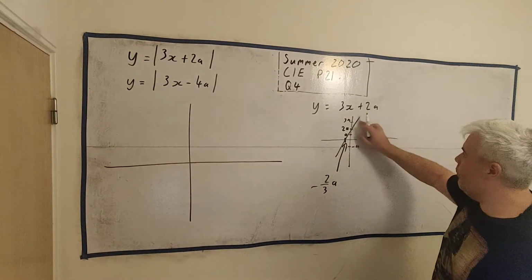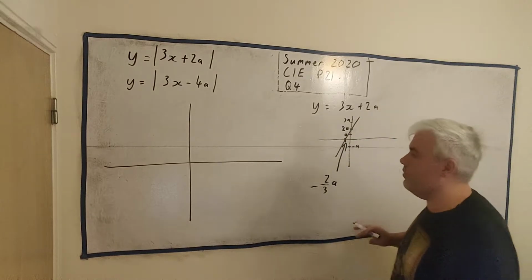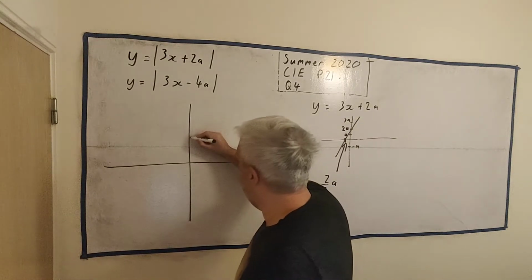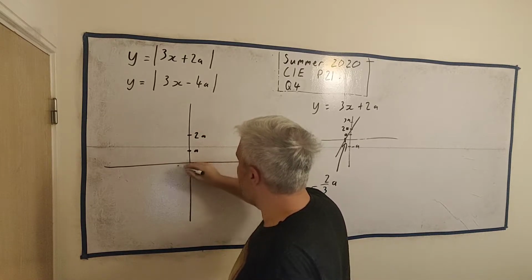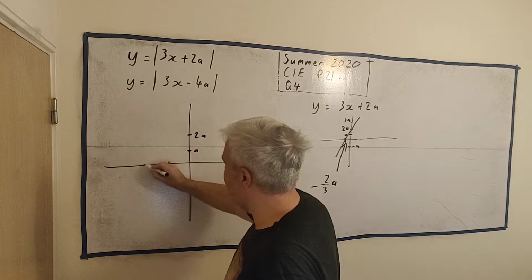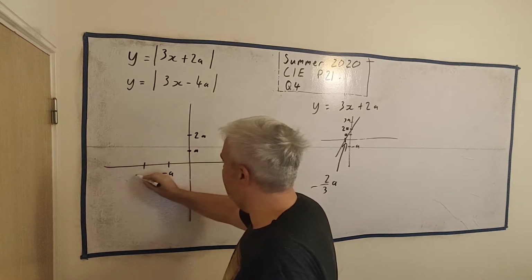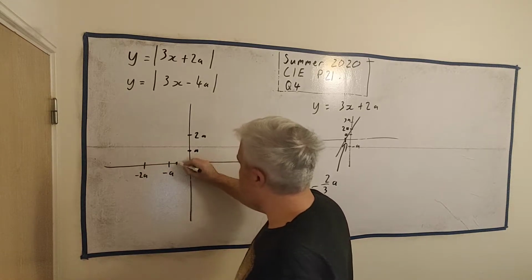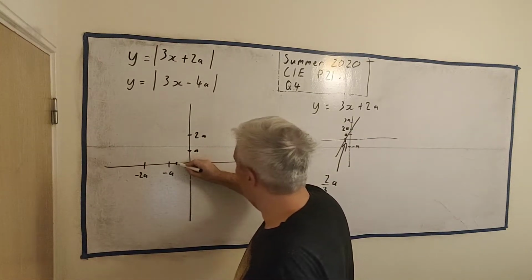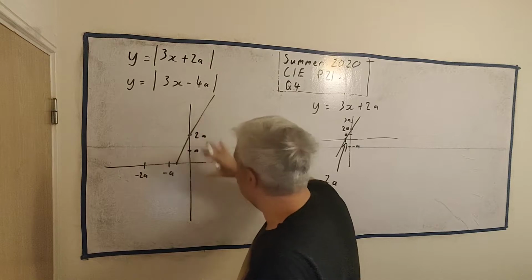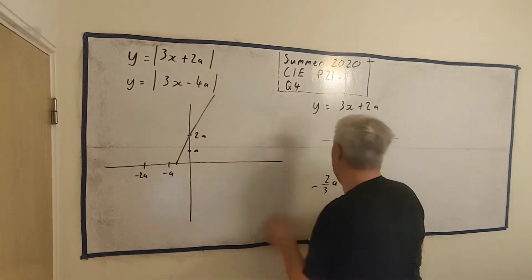Now let's figure out what difference this absolute value is going to have. I'll start putting this in the proper drawing here. 2a, a, -a, -2a, and here's going to be -2 over 3a, and something like this is the first part of my proper drawing.